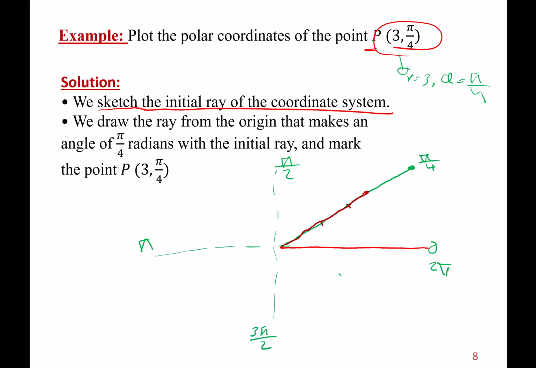So now this is our point, which is (3, pi over 4). This is how to draw in the polar coordinate system, which is very easy.